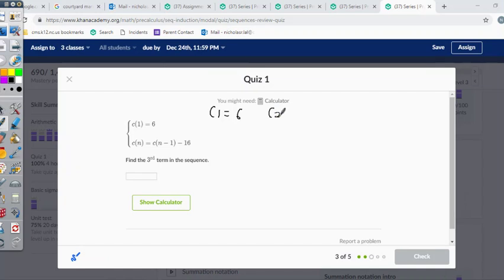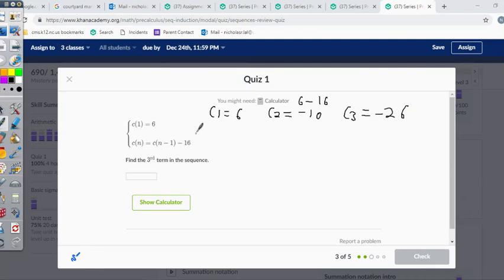Our second term would be equal to 6 minus 16, which would be equal to negative 10. Which means our third term would be equal to negative 10 minus 16, which would be equal to negative 26.